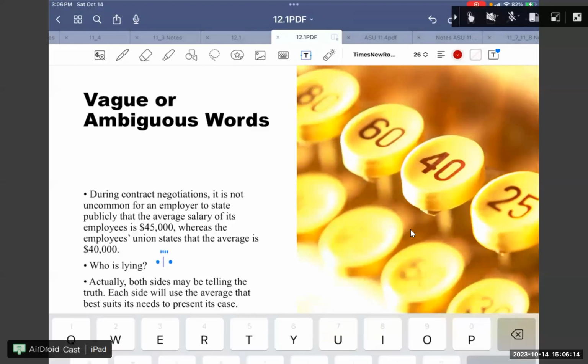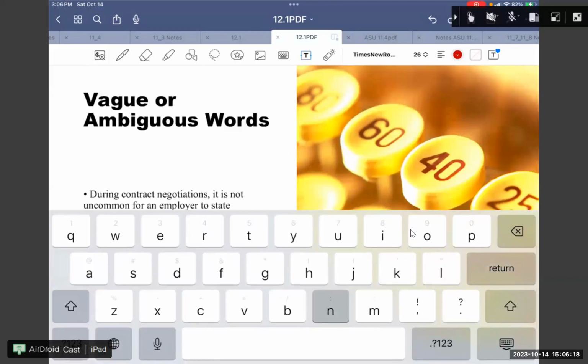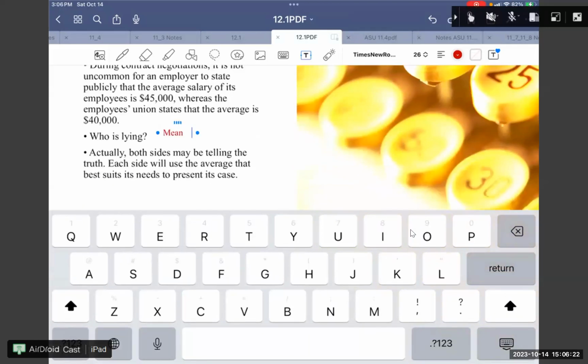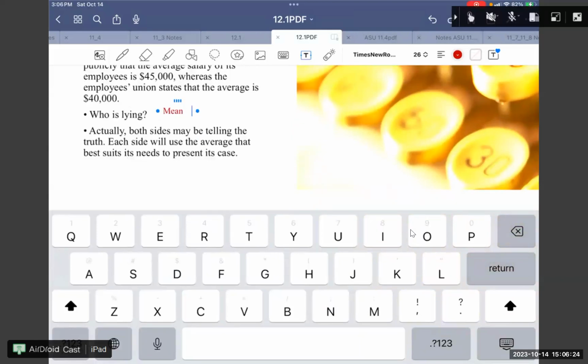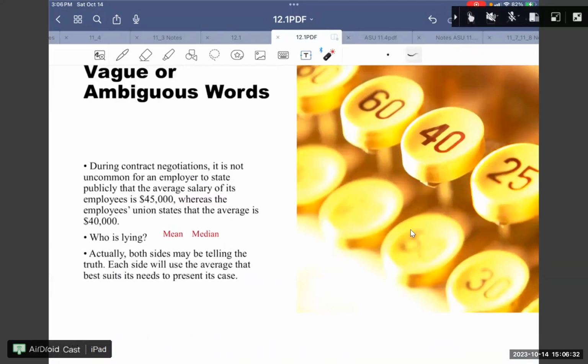So I can call this one mean or median. Actually, both sides may be telling you the truth. Each side will use the average that best suits its need for the case.